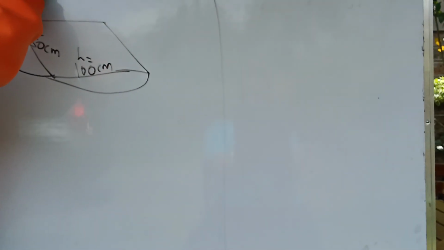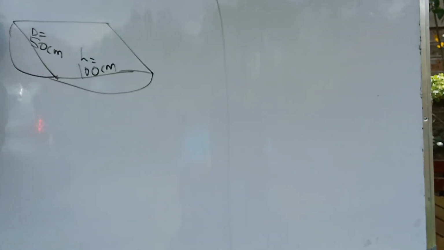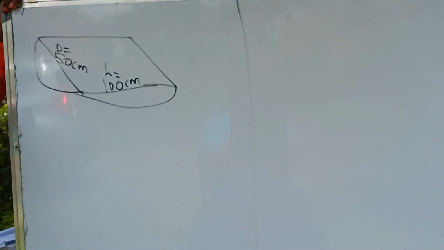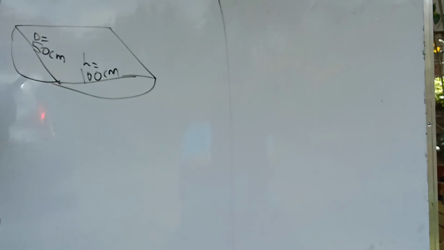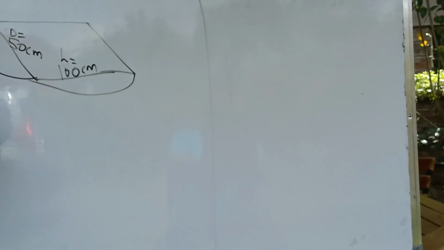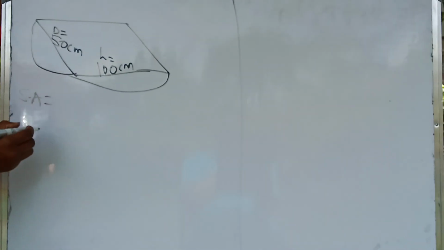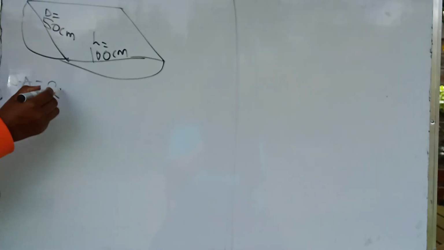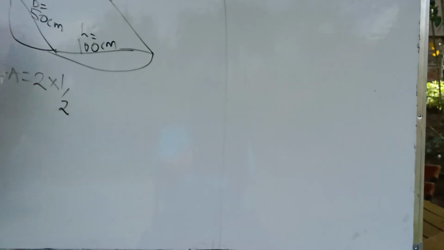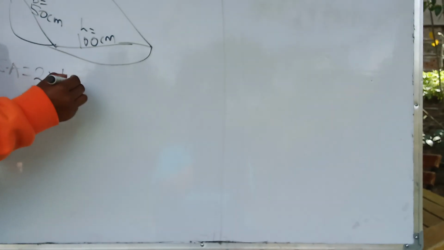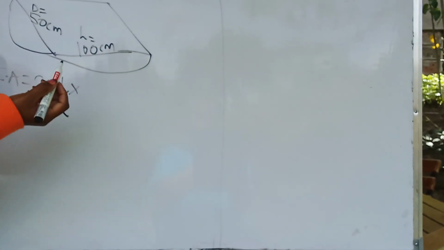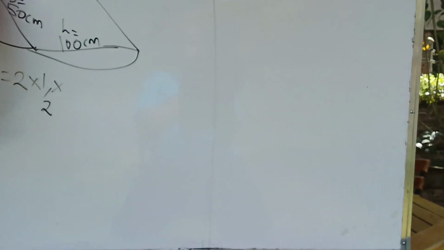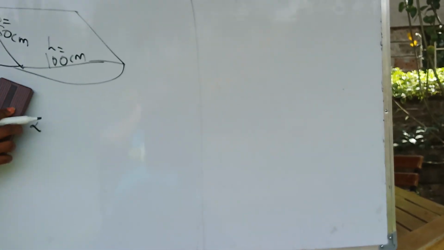So step 1, write the formula of a closed cylinder. But remember, this is a half cylinder. So let's write the whole formula so that we replace it.